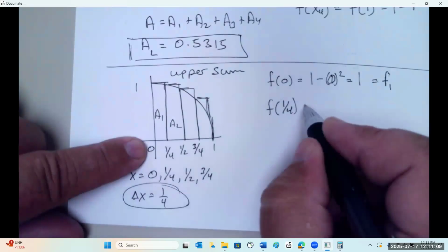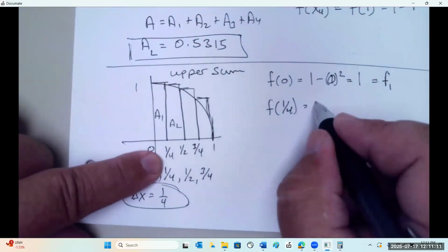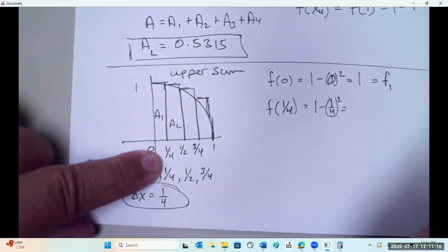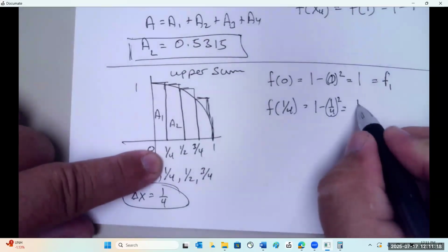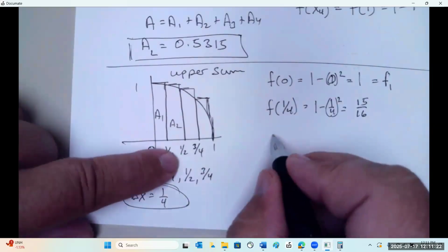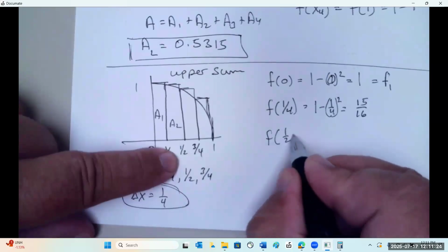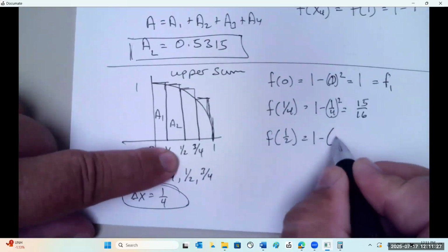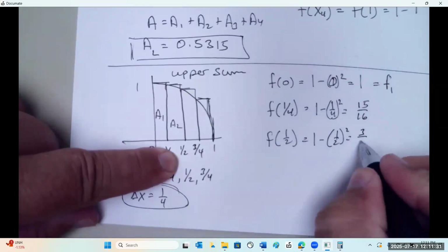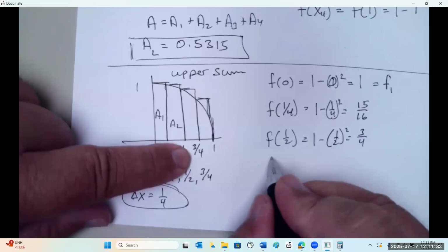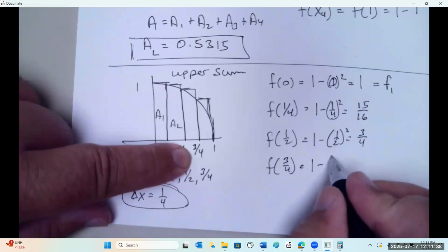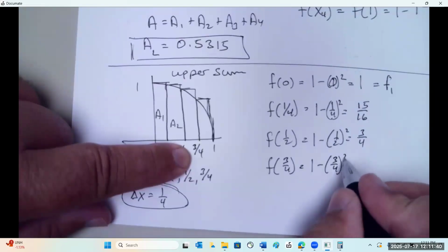Area 2 is at 1/4. 1 minus 1/4 squared. Well, I did that up there. It's 15/16. The next one is f at 1/2: 1 minus 1/2 squared. I did that up there. It's 3/4. And then f at 3/4: 1 minus 3/4 squared.